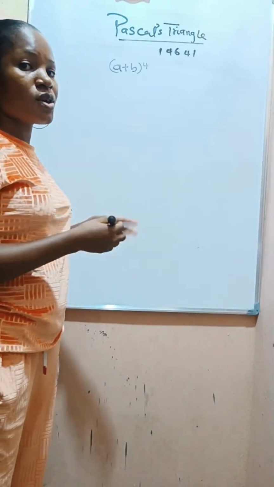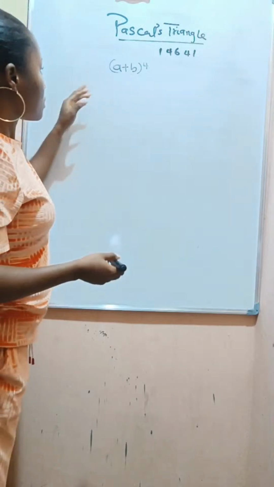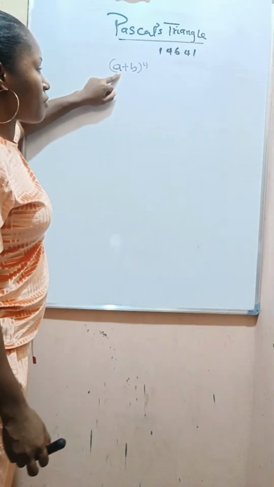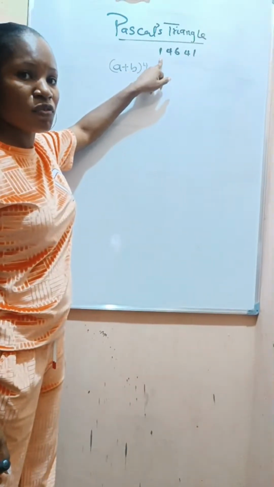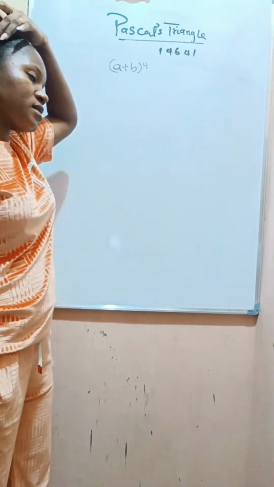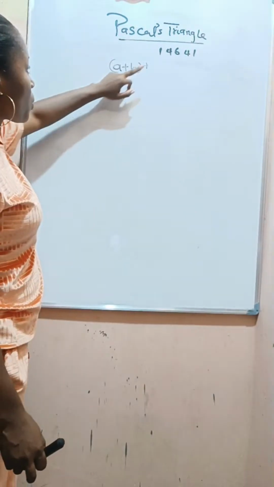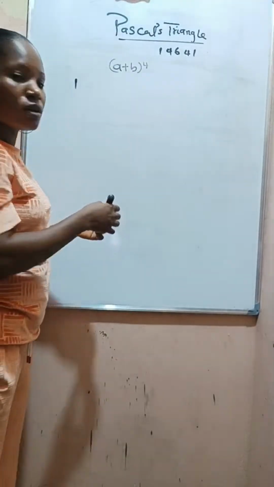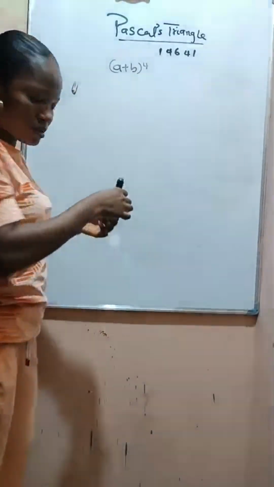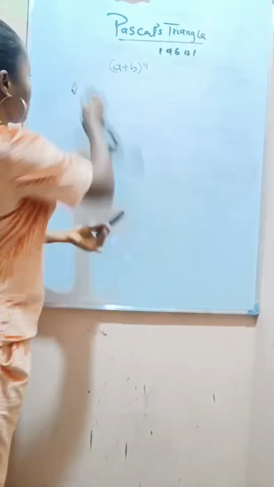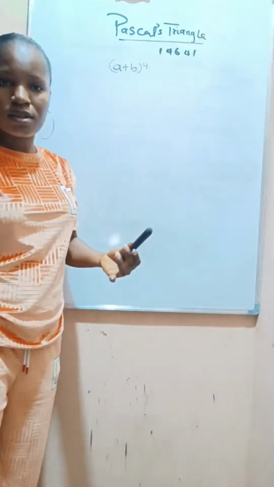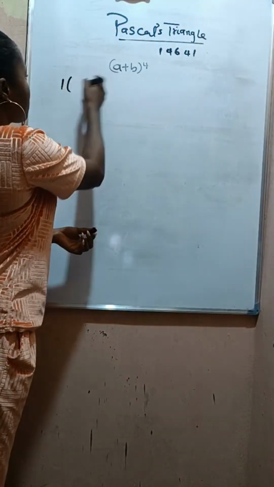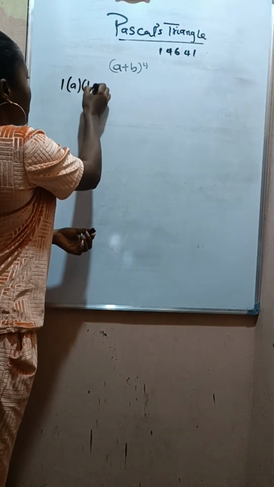Now, let's go ahead and expand. Remember that you just multiply the two terms you have and add the coefficients before them. That's the first step. So it's going to be 1 multiplied by a multiplied by b.